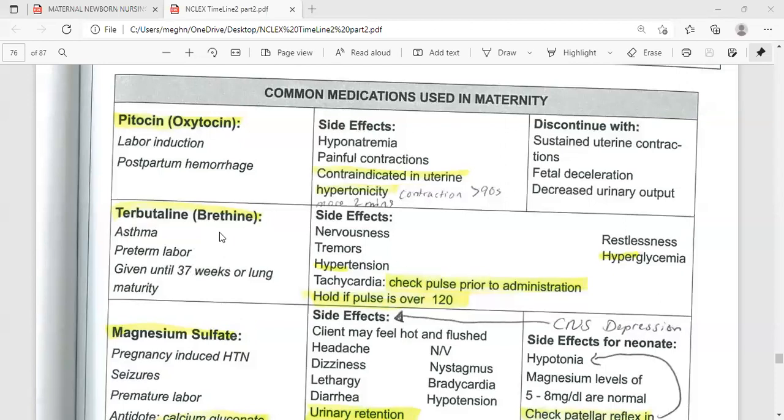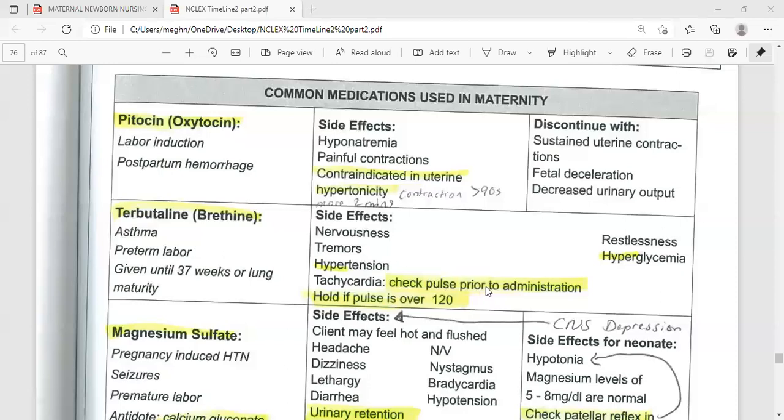So when you give the terbutaline, it is important to monitor the side effects of terbutaline. The most common side effects, it can cause tremor and nervousness. These two are the most common side effects. Terbutaline also causes hypertension and tachycardia.